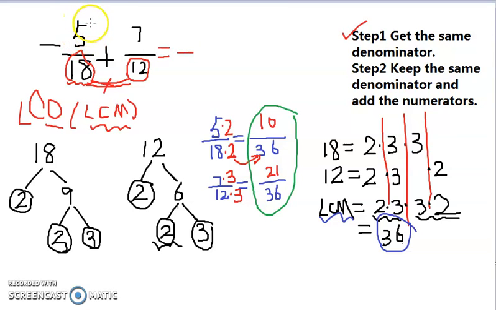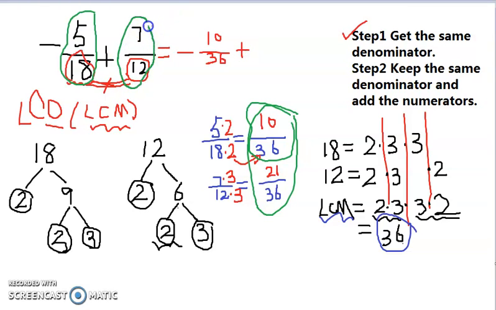When we see the fraction 5 over 18, we're not going to use this anymore. We're going to use its equivalent one, which is 10 over 36, right here. And plus, we copy the plus sign. When we see the fraction 7 over 12, we replace it with its equivalent fraction, 21 over 36. So we write down 21 over 36.